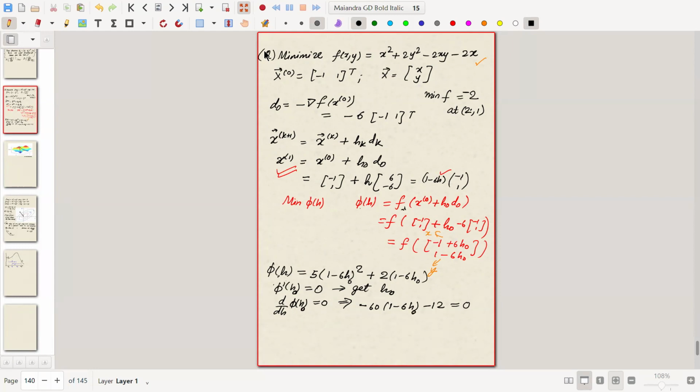So what is h naught you will get? H naught we are getting is 0.2. Yes. Okay. So this should be the step size, h naught equal to 0.2.